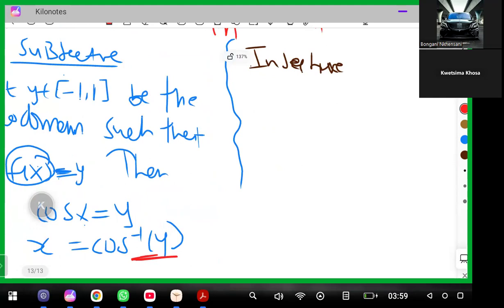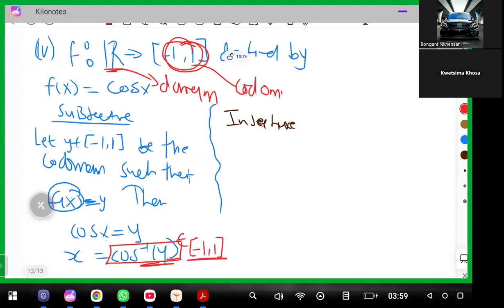So this is an element of negative 1 and 1. And then we can say that the function f is surjective.